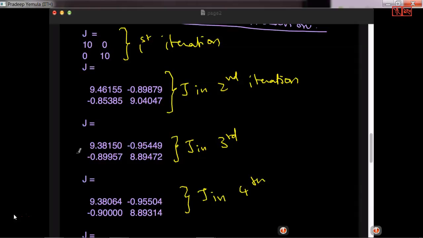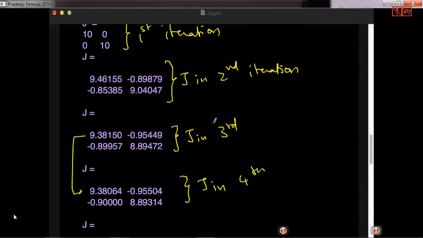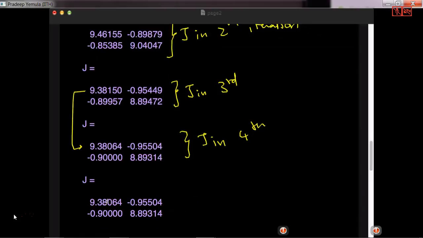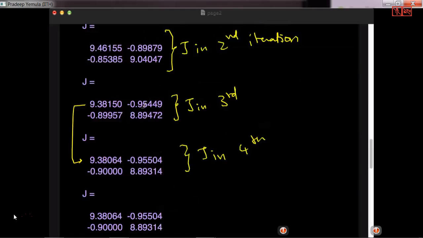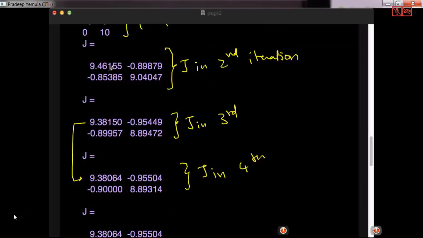And from one iteration to the other iteration also, variation is not that much. See here in the J matrix, 0.46 becomes 0.38. The next iteration continues to be 0.38, and then the next iteration also it is 0.38. And here in the Jacobian matrix, this is 15.15, then it becomes 0.6, then next also it becomes 0.6.